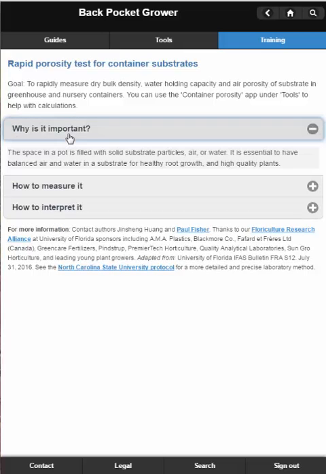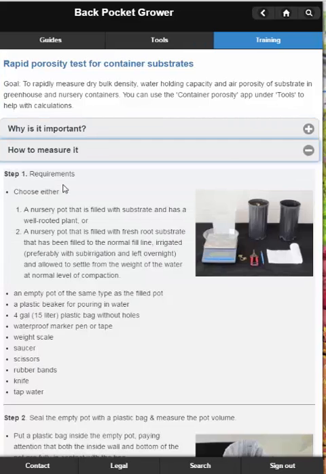So why is porosity important? It's important because it's the mix of water and air that are going to affect both the availability of water to hydrate a plant and also the amount of air for root respiration. To measure porosity, you can do that either with a plant that is already rooted into the growing media in a container, or you can do it with fresh root substrate.